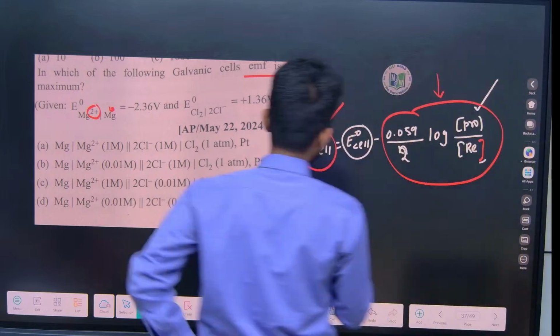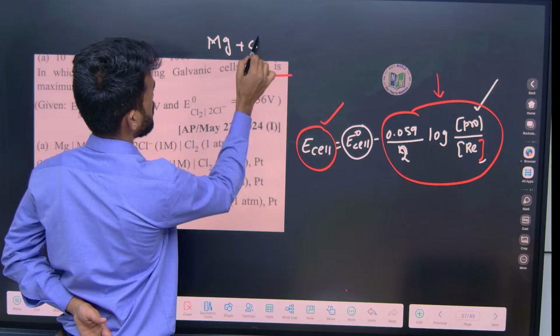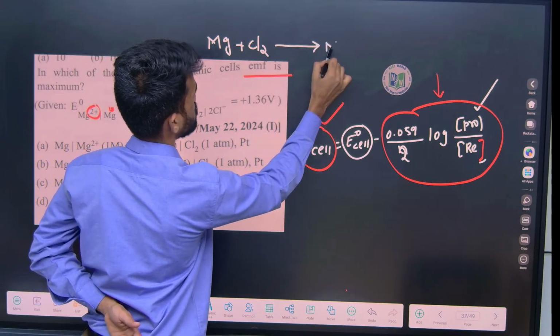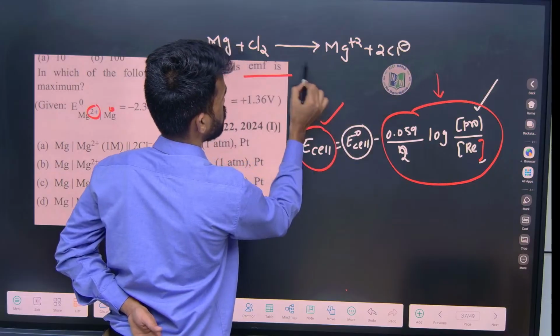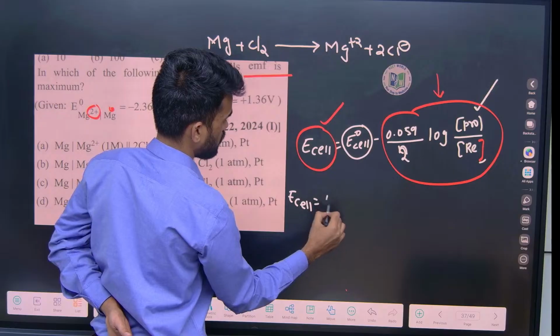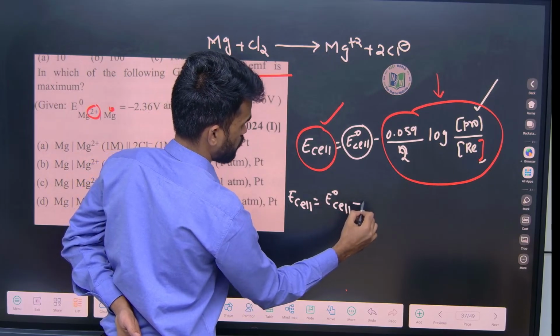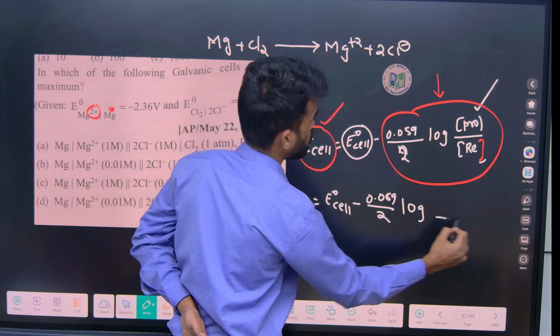So write for this: Mg plus Cl2 converting into MgCl2, that is Mg2+ plus 2 chloride ions. Now what will we get here? E cell equals E naught cell minus 0.059 by 2 log of products.